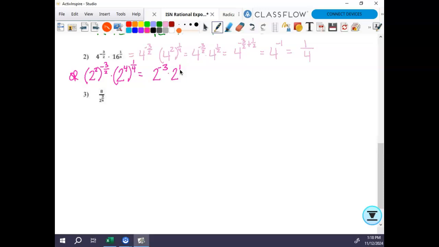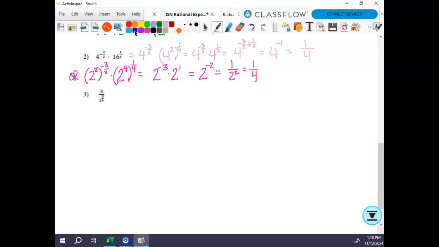Then when I combine them, I add my exponents. So that gives me 2 to the negative 2 power, which is 1 over 2 squared, which is 1/4. Okay. What questions do you have? Everybody okay with all that? Yes? I'll take that as a yes.